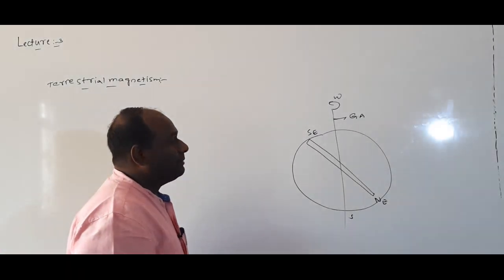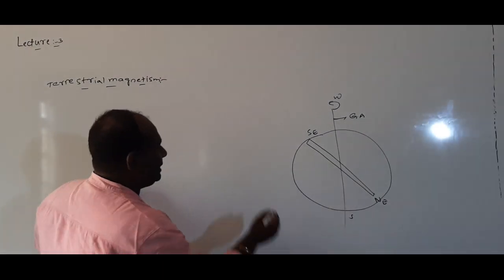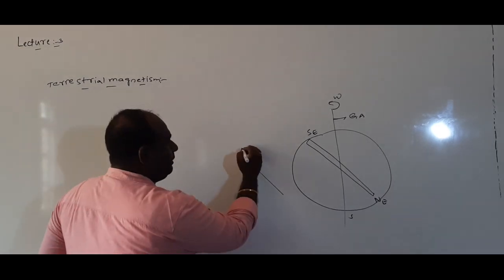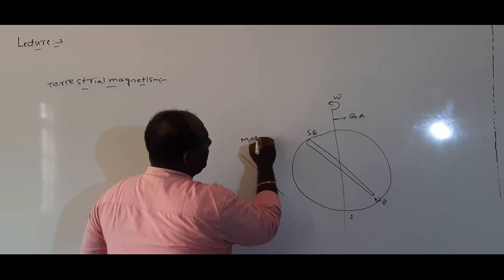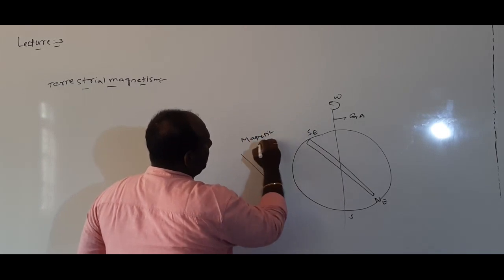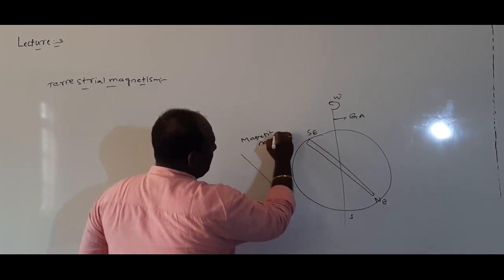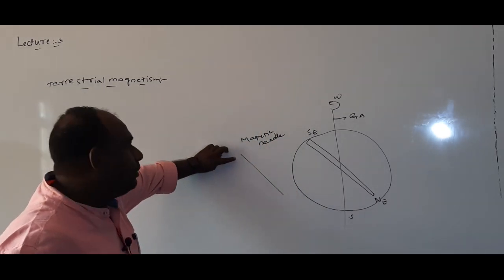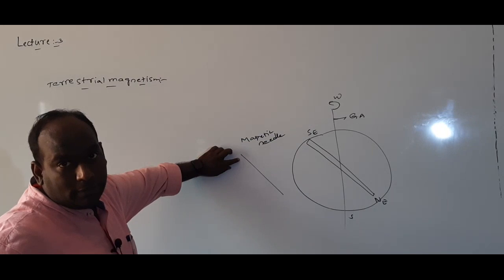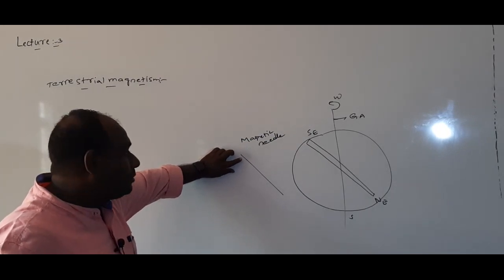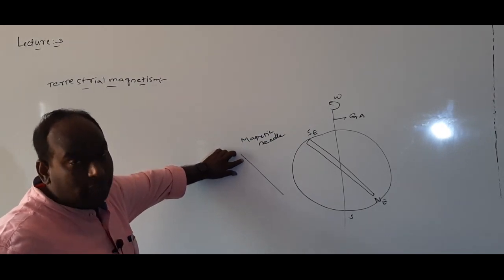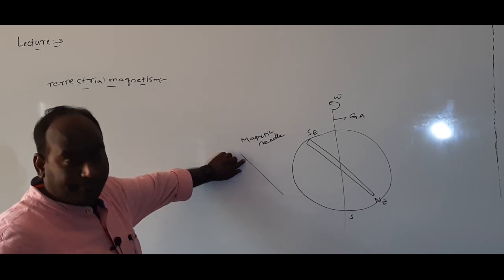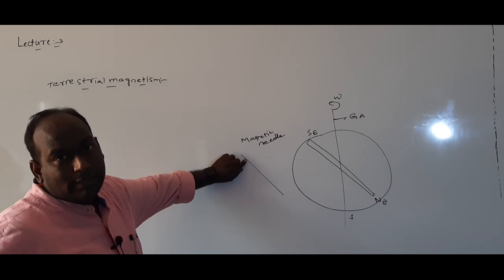So a freely suspended magnet comes to rest in the north and south direction. Assume this is the magnetic needle. The magnetic needle comes to rest. The pole which faces the geometric north is known as the north pole. The pole which points toward the geometric south is known as the south pole.